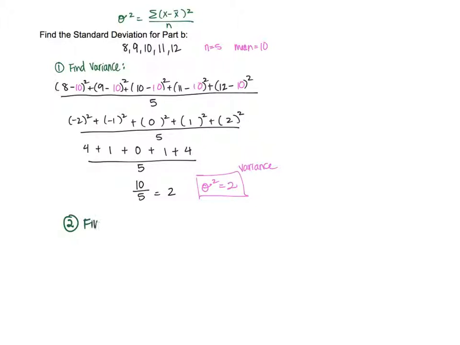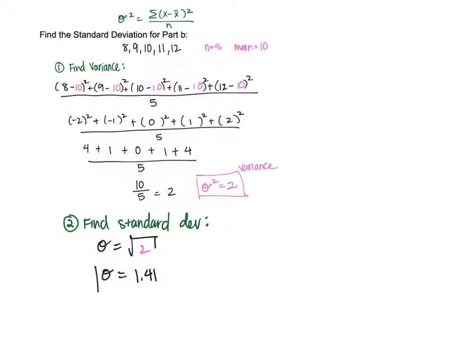So we're going to find that standard deviation. And so that's taking the square root of 2, because that's our variance here. If I put this in the calculator, the square root of 2 is 1.41, if I round to 2 decimal places.